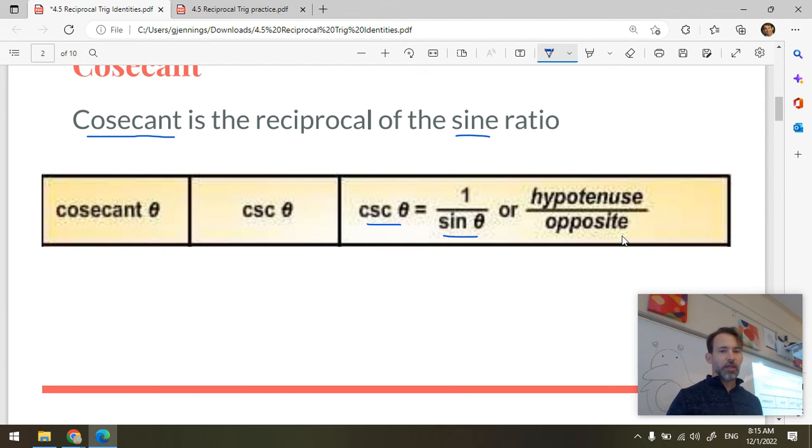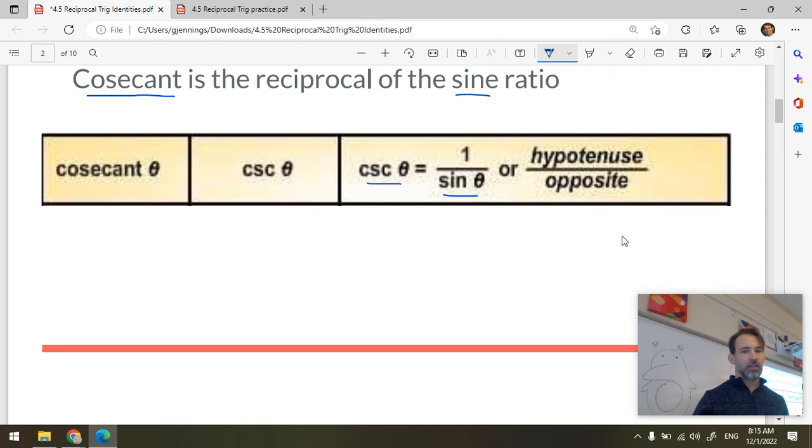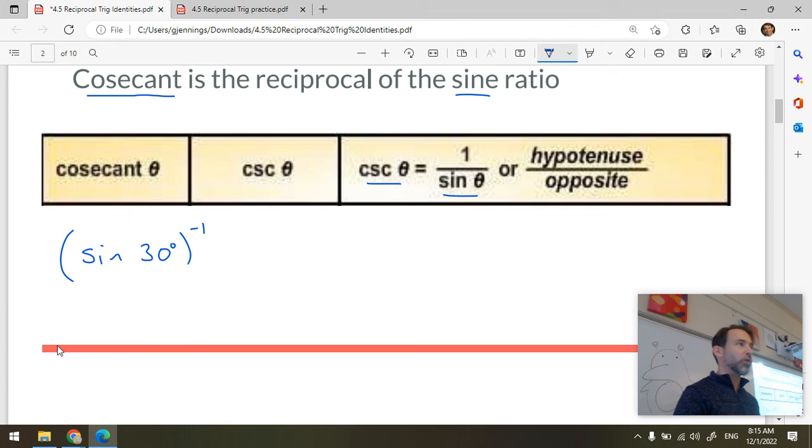If you want to calculate cosecant, you can take sine. So let's say we do sine 30 degrees, and then you'd put that in brackets, get the output, and then raise it to the power -1. Because what happens if I raise that to the power -1? It just flips it. It just gives you the reciprocal of that number.